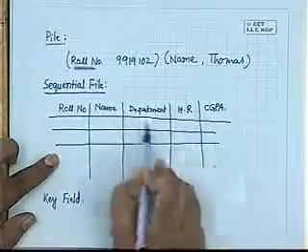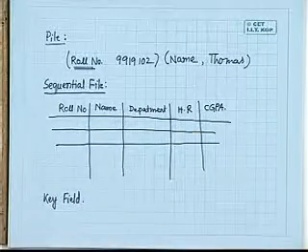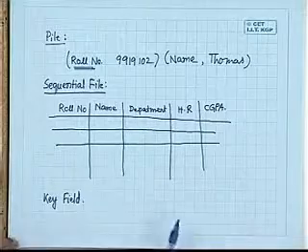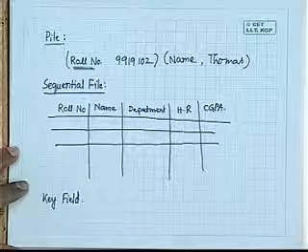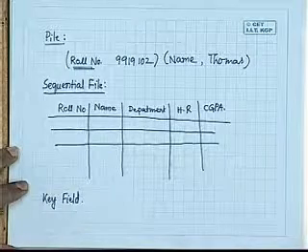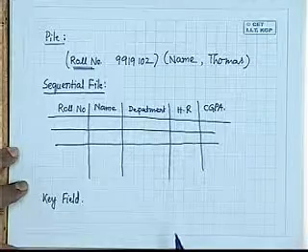Different chunks of records put in a block can be available in different blocks. And whenever I access something from the secondary storage, I access it in the form of a block, and the block does not contain all the records. So binary search cannot be very effective on this sequential file.